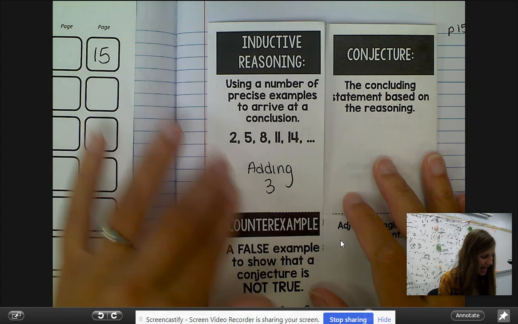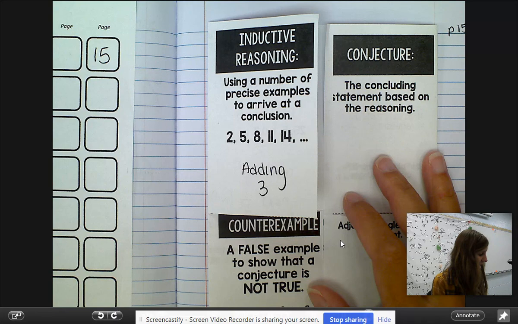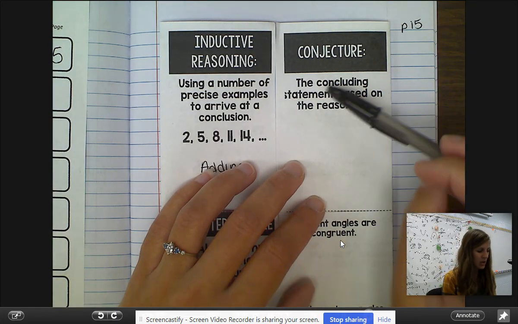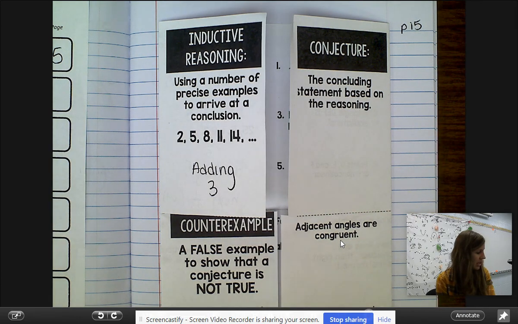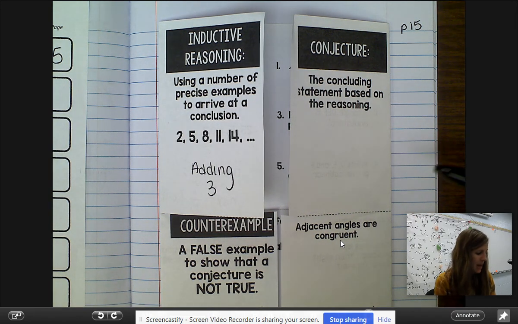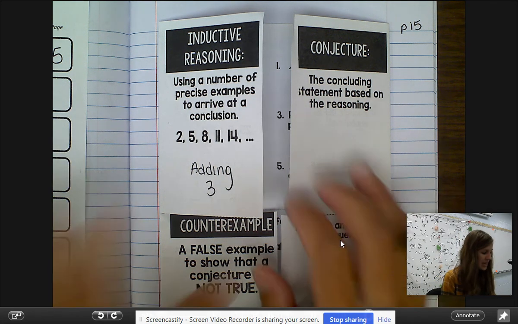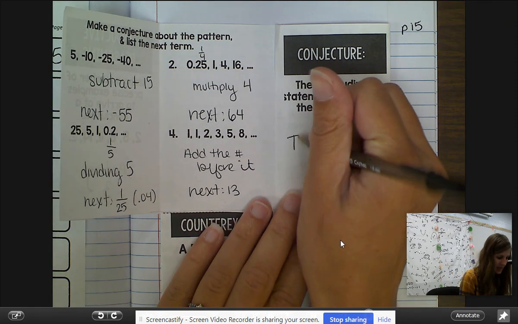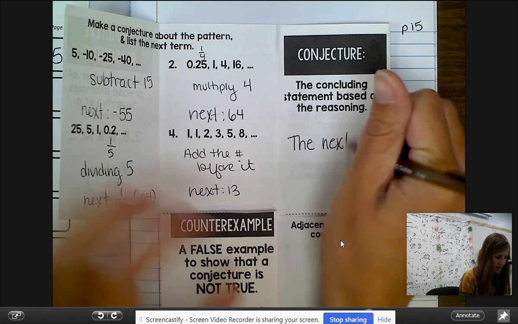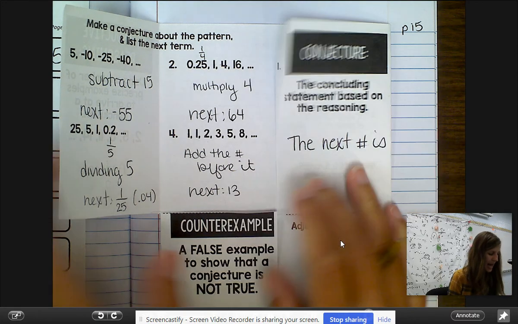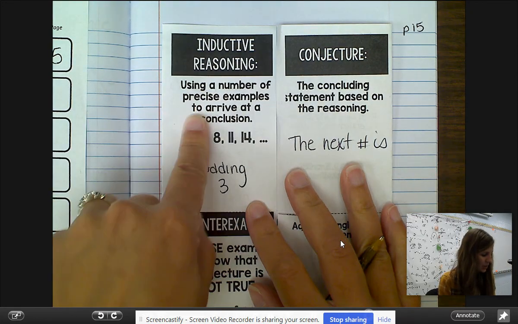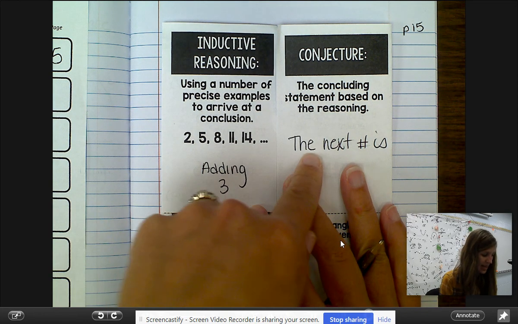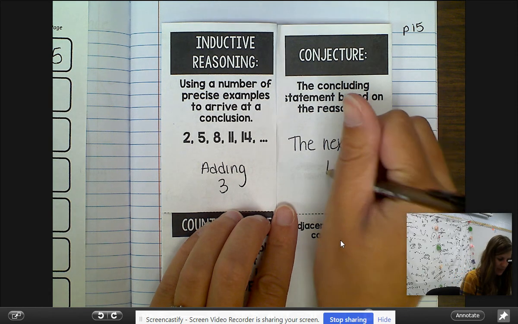Now, once we have our inductive reasoning, or once we've made a guess, if we want to formalize that guess, we write it in what's called a conjecture. Our conjecture is the concluding statement based on your reasoning. So in these examples here, we would say the next number is, using the front example, so using a number of precise examples to arrive at a conclusion, since we're adding 3 every time, that would mean that the next number is 17.